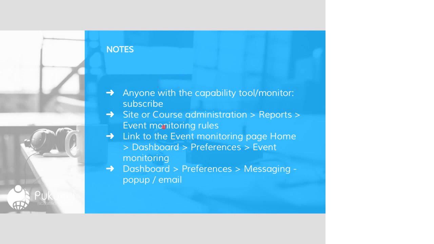The link for users to see their own event monitoring homepage is under the dashboard, and then within their preferences, they can also choose whether they're getting those notifications as either a pop-up if they're on the site, or if they just go straight to email.